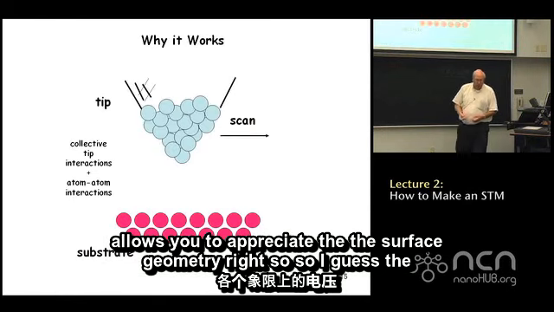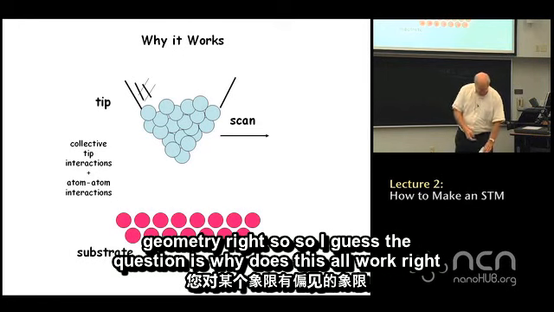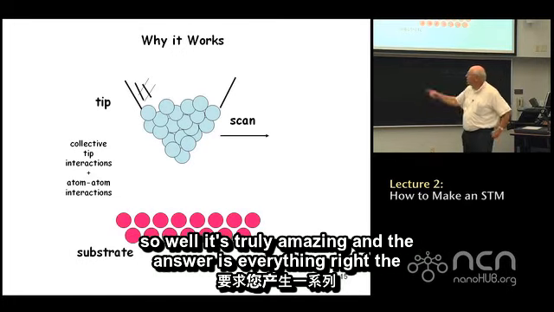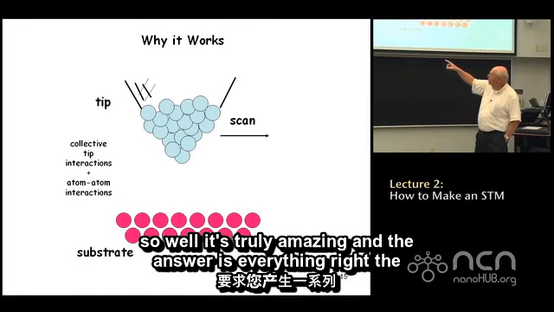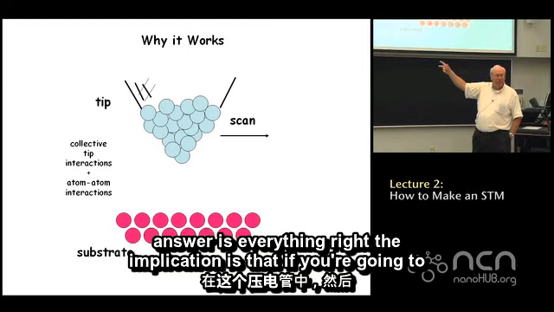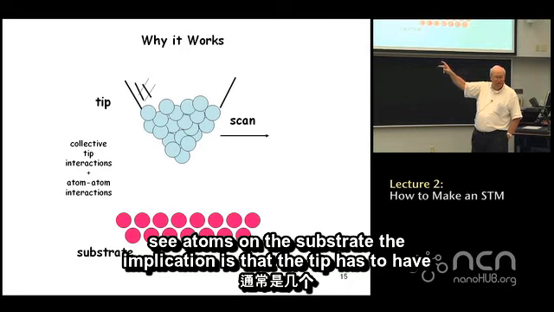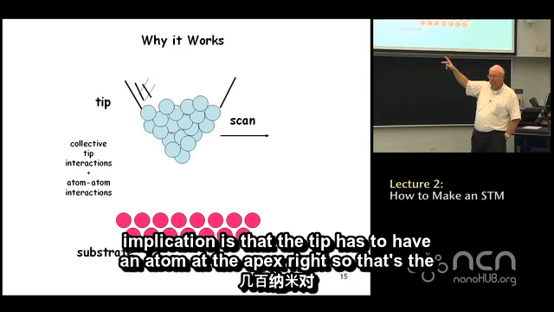I guess the question is, why does this all work so well, right? It's truly amazing. And the answer is everything. Right, the implication is that if you're going to see atoms on the substrate, the tip has to have an atom at the apex, right?